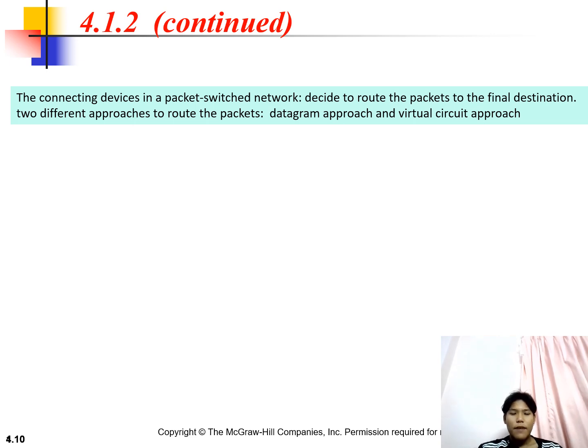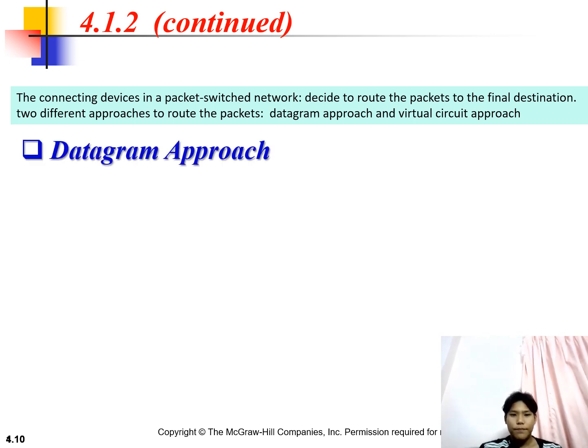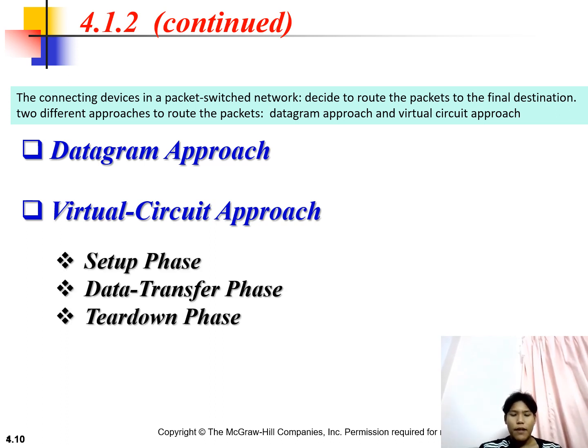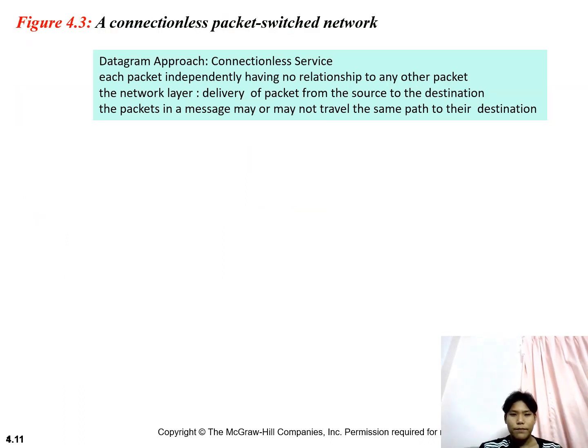The connecting device in a packet switch network is designed to route the packets to the final destination. There are two different approaches to route the packets: the datagram approach and the virtual circuit approach. The virtual circuit approach has a setup phase, data transfer phase, and teardown phase.